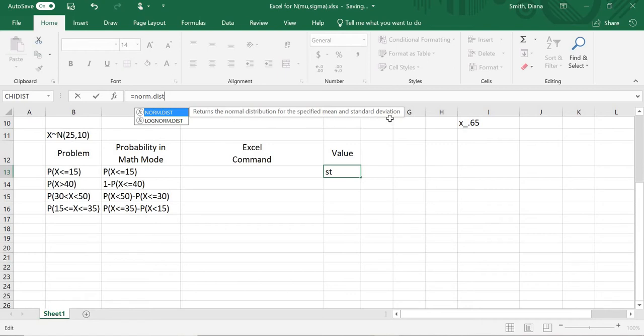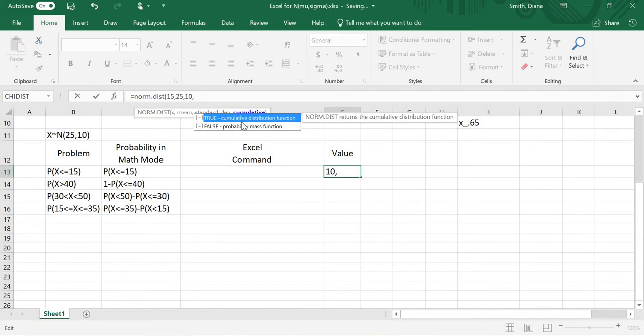So I'm going to have to tell Excel what mu and sigma are. So if I open it, I see x, so there's my 15, comma, then the mean, my mean is 25, comma, standard deviation, my standard deviation is 10, and then again it's the cumulative.